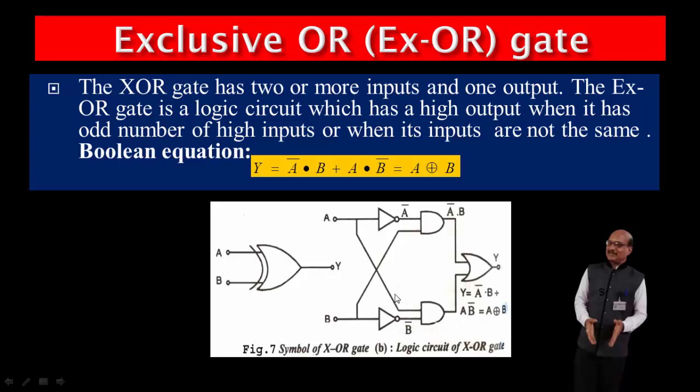Try to draw this diagram by using this Boolean equation. So remember the Boolean equation for the exclusive OR gate, that is Y is equal to A complement dot B plus A dot B complement. But technically this should be read like this: Y is equal to A complement and B, or A and B complement.